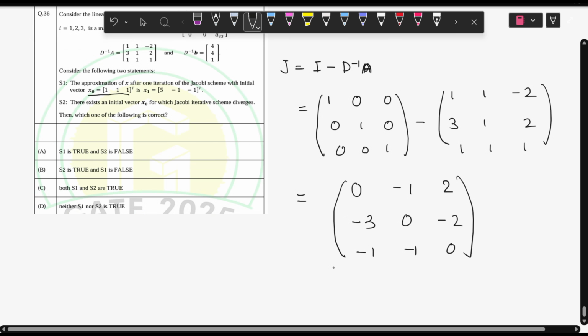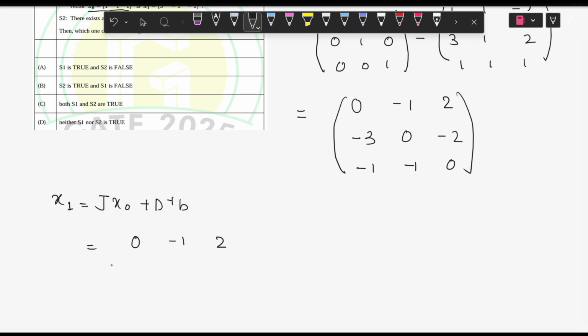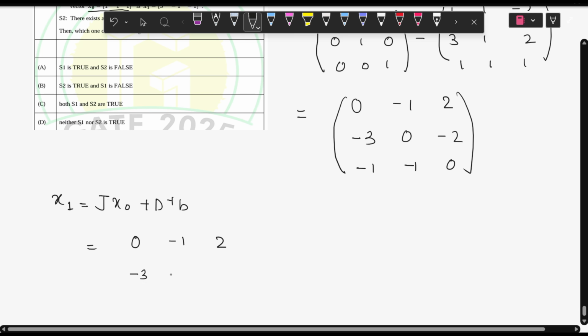Now if I put k equal to 0, x1 = J x0 + D inverse b, right? So we have the matrix J, which is 0 minus 1 2, minus 3 0 negative 2, negative 1 negative 1 0.